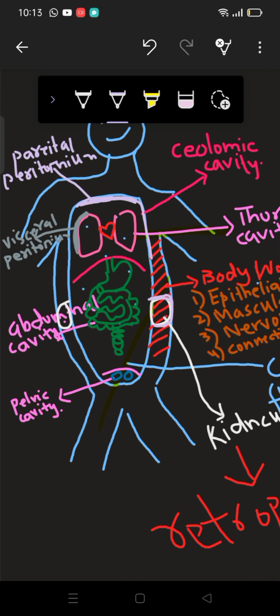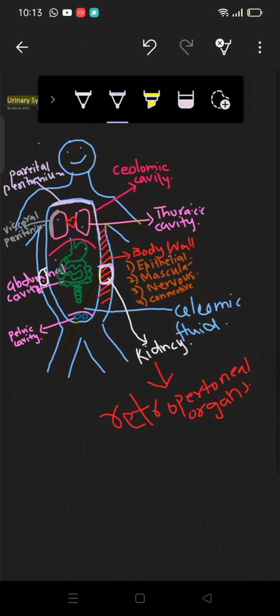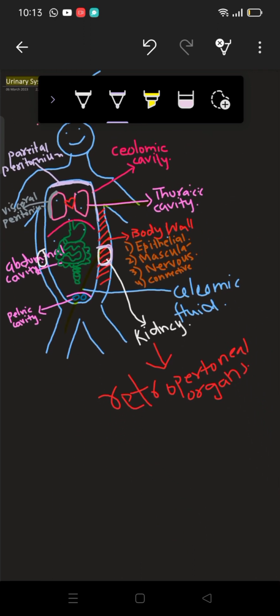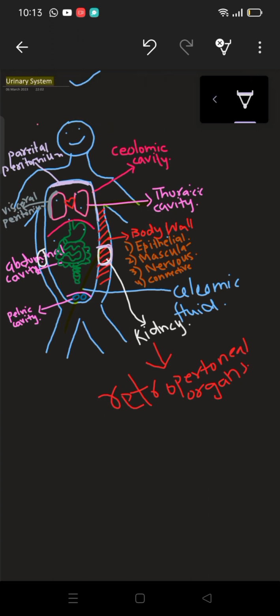That's why these are known as retroperitoneal organs: they don't have the protection of the parietal peritoneum, only the visceral peritoneum.